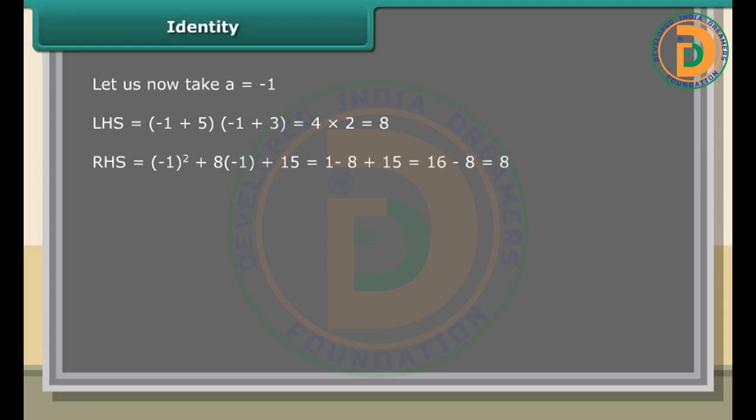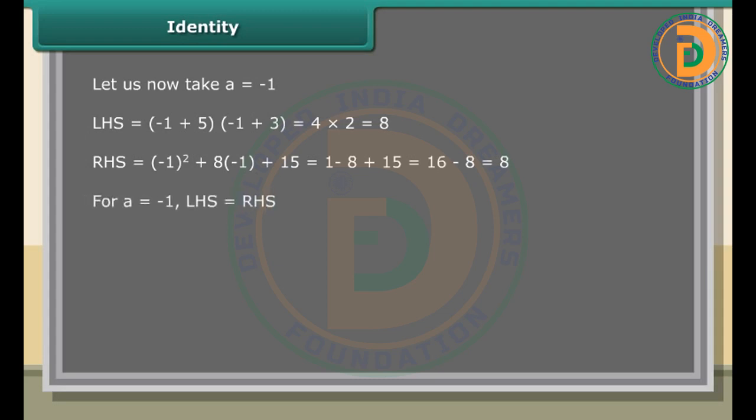Let us now take a as minus 1. LHS is equal to (minus 1 plus 5) into (minus 1 plus 3) is equal to 4 into 2, which is equal to 8. RHS is equal to (minus 1) square plus 8 into (minus 1) plus 15 is equal to 1 minus 8 plus 15 is equal to 16 minus 8, which is equal to 8.